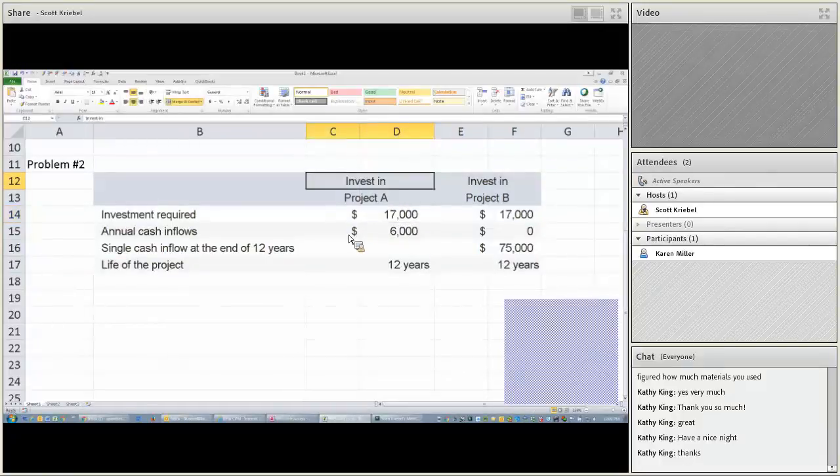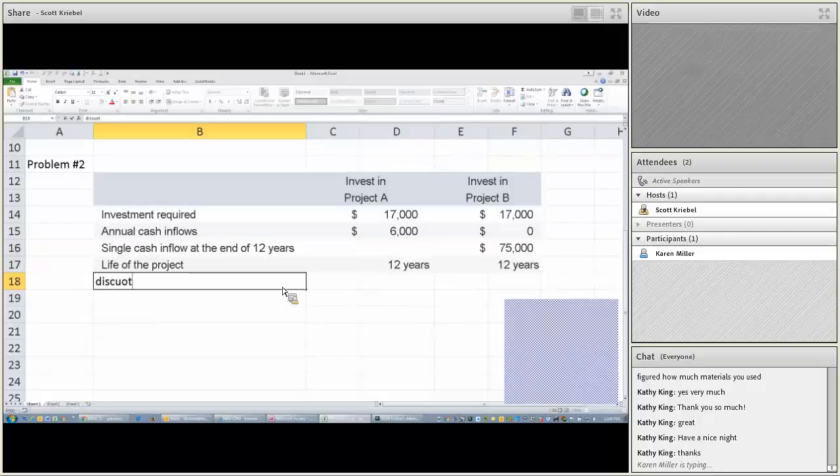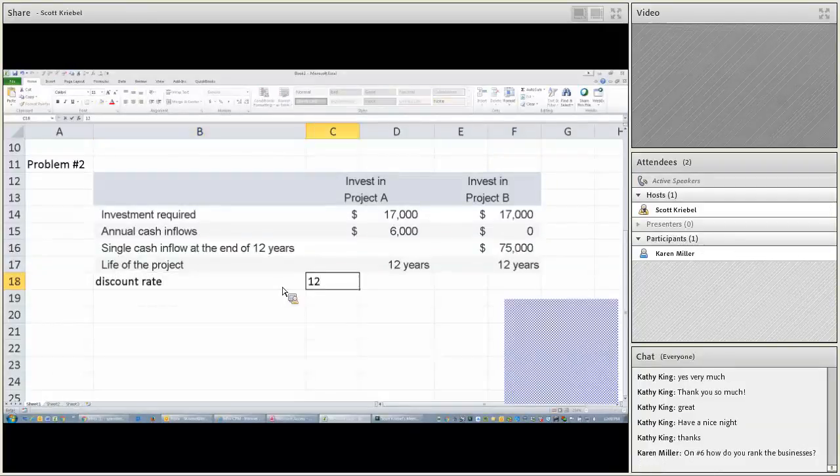So here we go. We've got 2 investments. These are the annual cash flows versus a single cash flow. They're both 12-year projects, and it looks like our discount rate is 17%. Okay, so the question is, which project would you do?